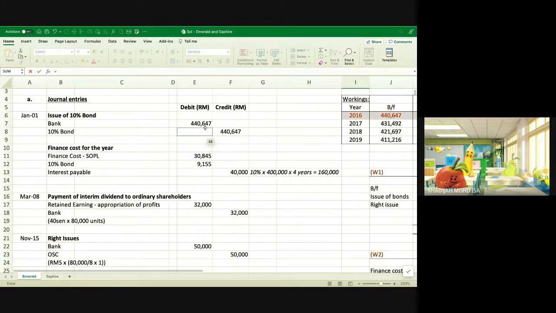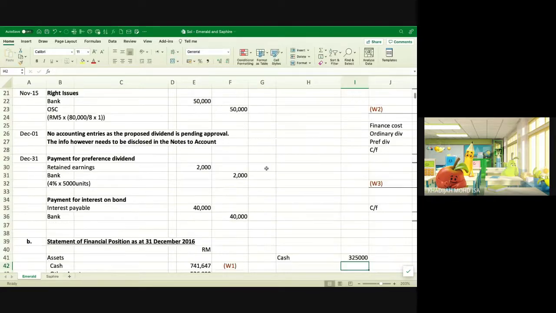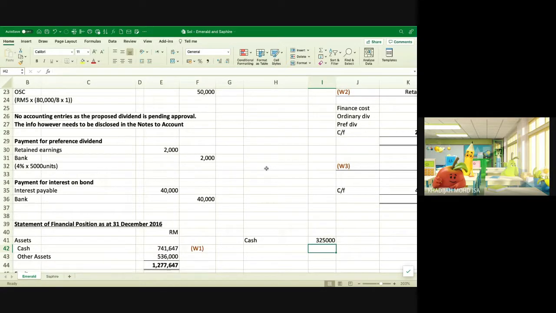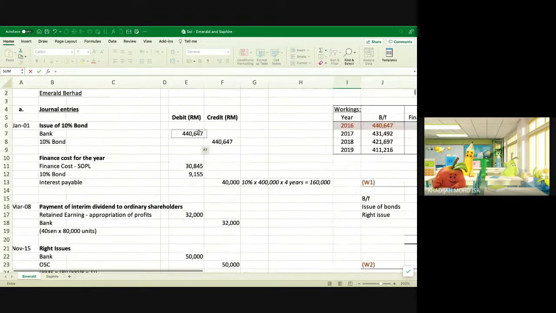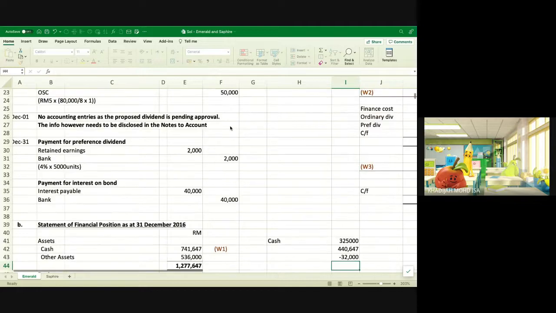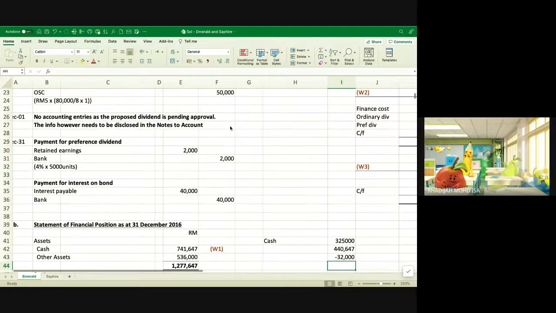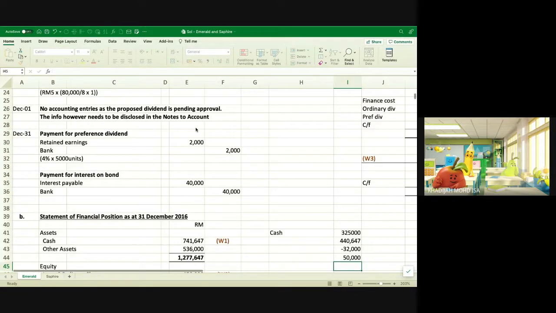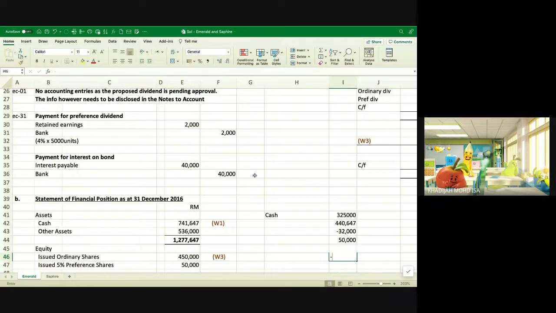Plus the bank credit, 440, and then plus 50,000, credit bank again 2,000, and then credit bank again 40,000.